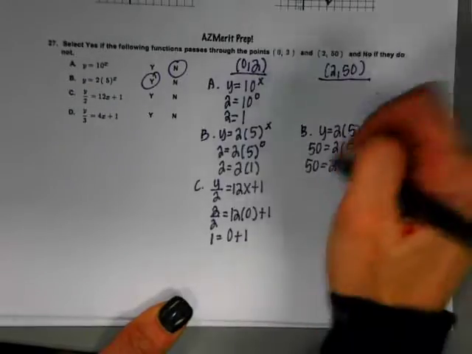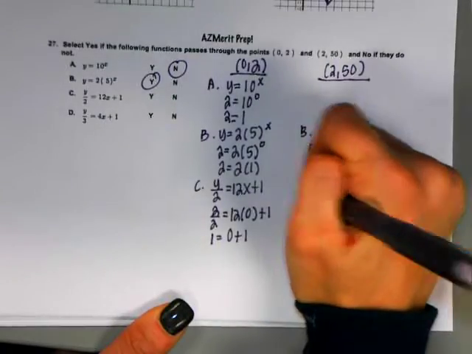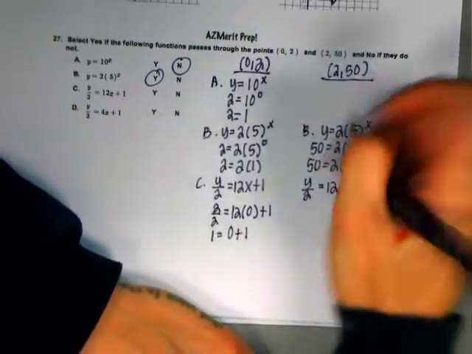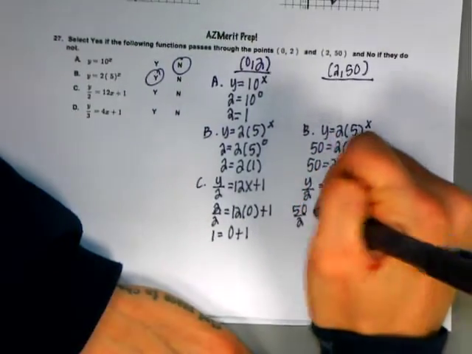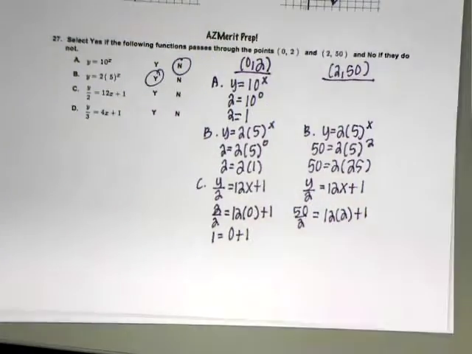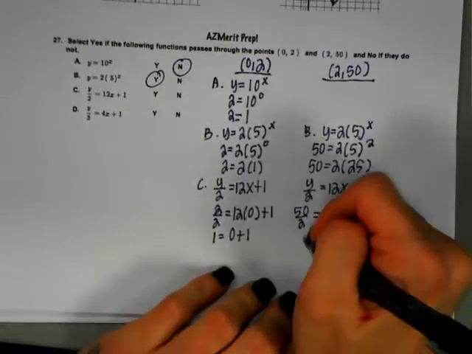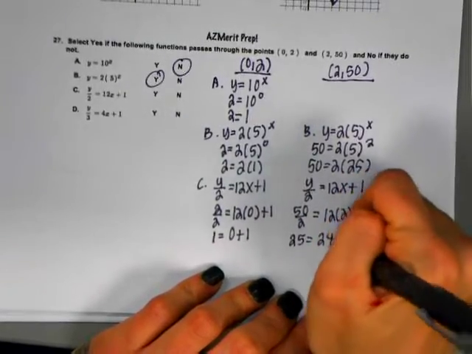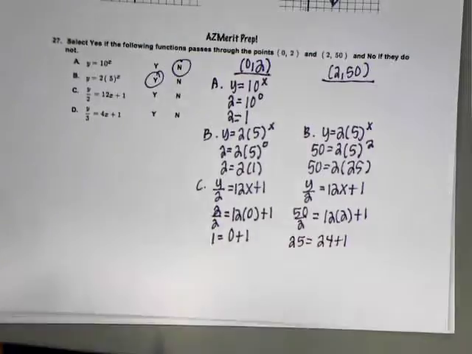Yep. So let's check the other one. That one's y is 50, and then x is 2. So did that one work? Yeah? Okay, so that's a yes.